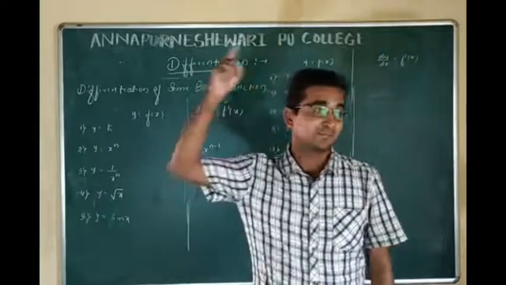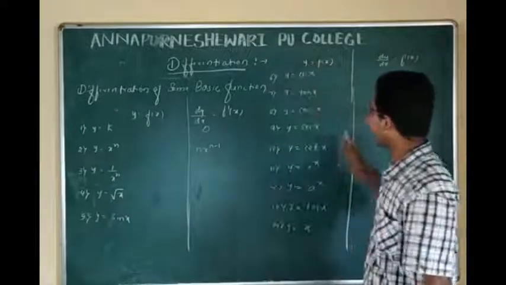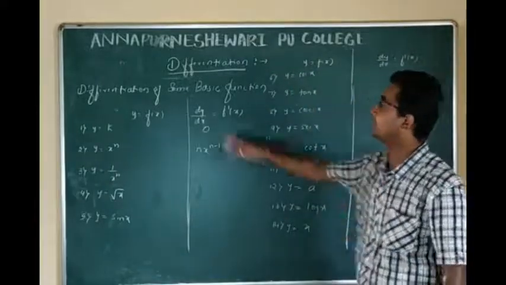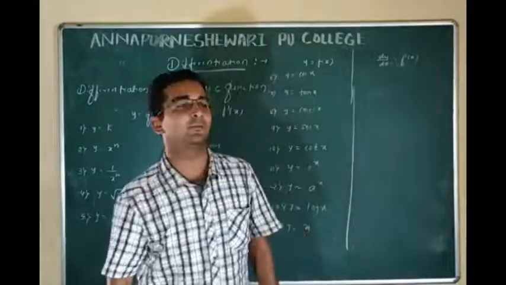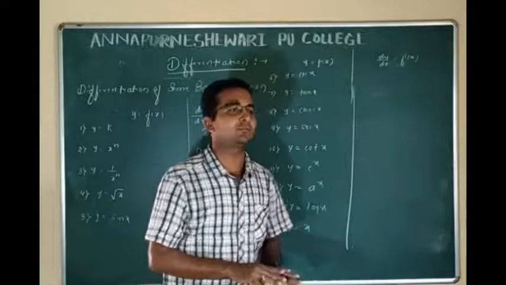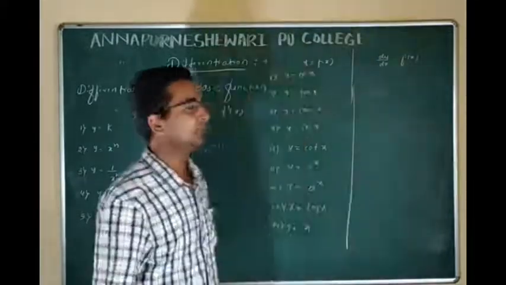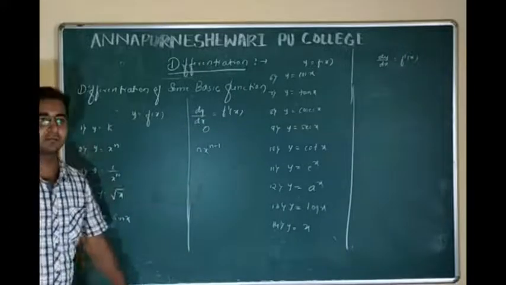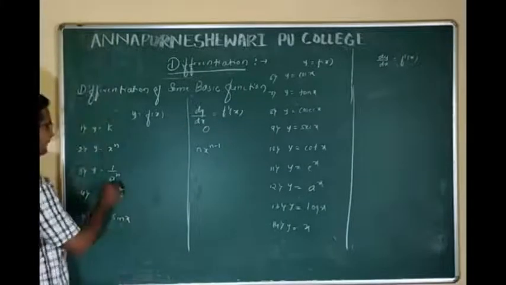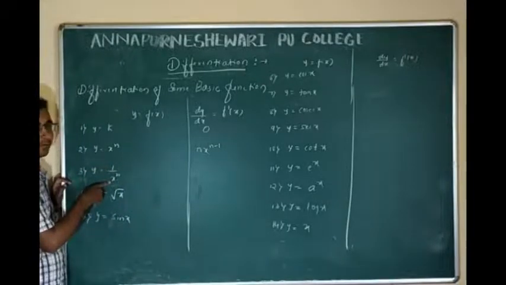In the previous year we already covered all the formulas of differentiation. Differentiation and derivative are one and the same. By using the first principle of the derivative only, we can prove all these basic functions' differentiation. Then, x raised to n is different from 1 by x raised to n.